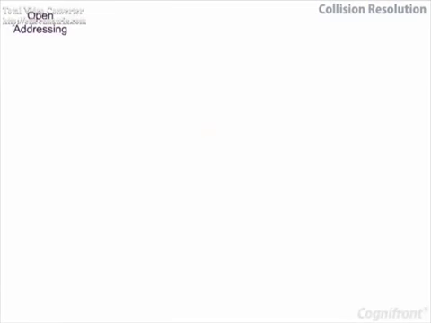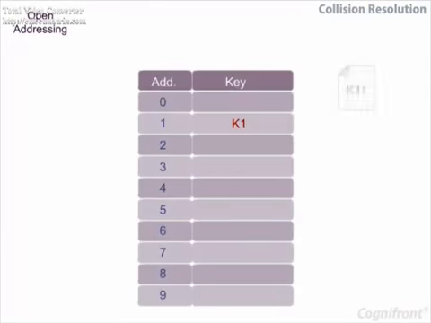First, in the open addressing method, when a key collides with another key, the collision is resolved by finding the next available table entry. Consider the following example. Three keys 5, 2 and 3 have been hashed to their home positions.